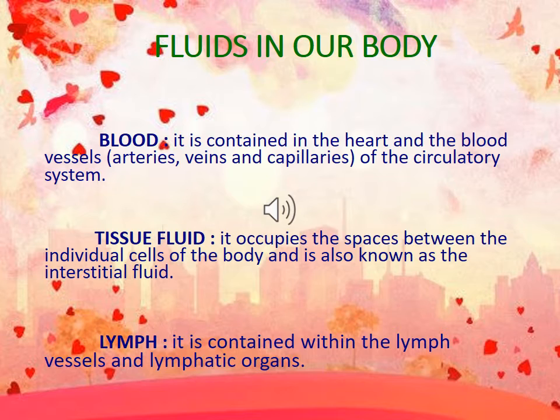And the last one is lymph. Lymph is contained within the lymph vessels and the lymphatic organs where the blood cannot reach, like the end of the tissues. There, lymph transports nutrients and oxygen, and it works as a circulatory fluid. It is a very important fluid in the body.